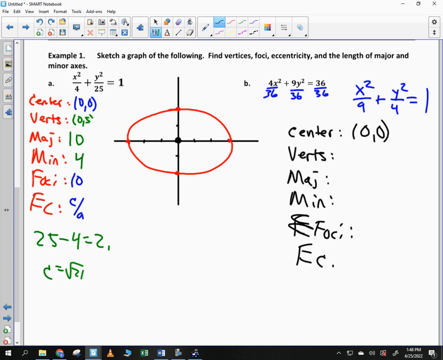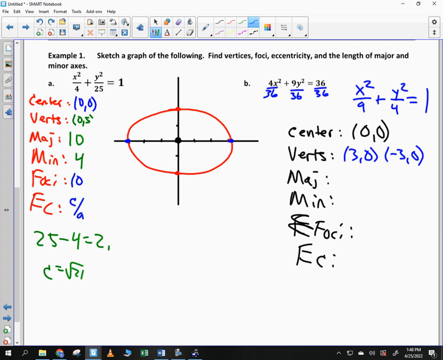Very good. All right, vertices sit on the side or the top and bottom? On the sides, because that's where it's stretched more. You go in the direction which it is stretched more. Do you see that? So I've got 3, 0 and negative 3, 0.